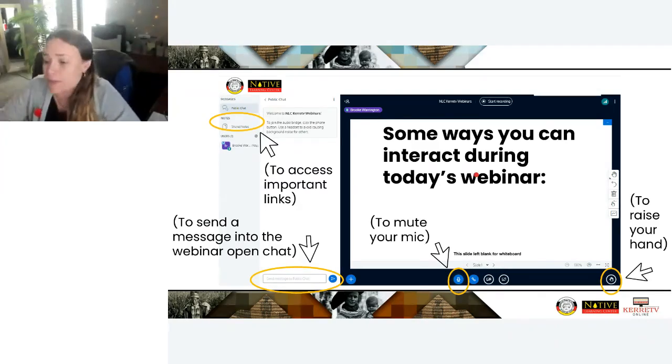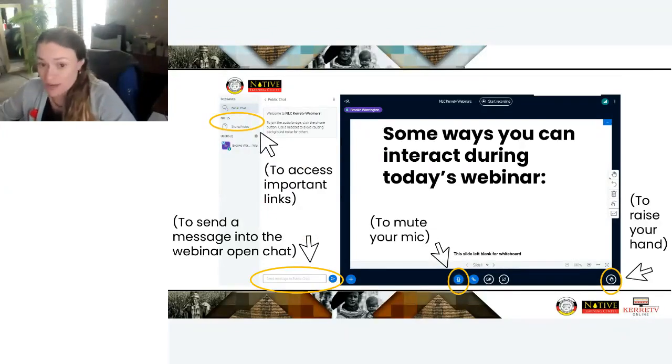There are some ways to interact during the webinar. I know we have you muted, but we do still want that participation. If you would like to engage using the open chat, you can come over to the public chat, type in whatever message you want to say, and then hit enter or click the little paper airplane button, and that'll send it into the chat for everyone to see.